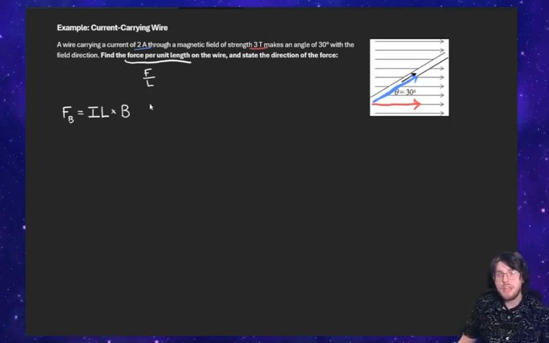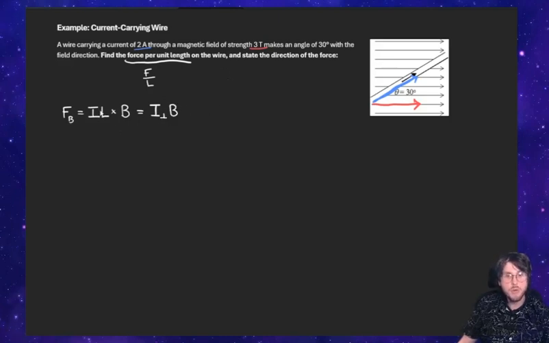Now, because it's a cross product, another way to write this and to make sense of it is that it's really the part of I or B that's perpendicular to the other that makes up the cross product. So another way to write this would be the current that's perpendicular to B, times L, is the magnetic force. That's because, again, a cross product is meant to only multiply the part of one of these vectors that's perpendicular to the other together.